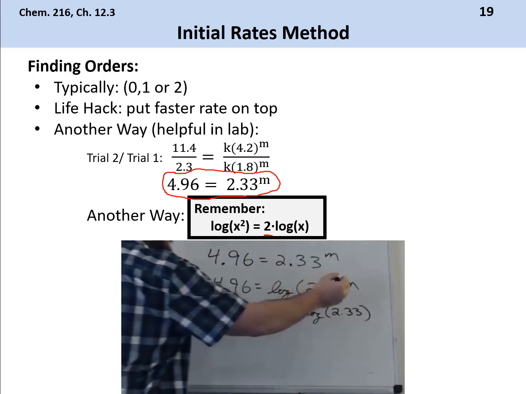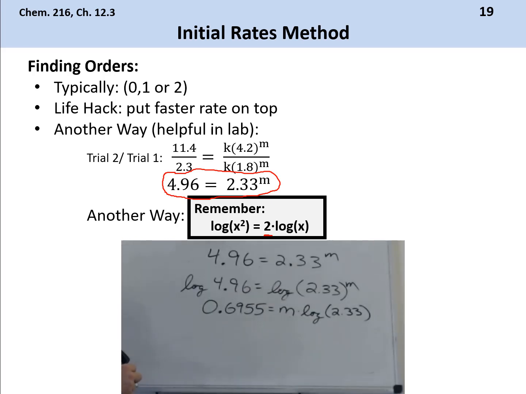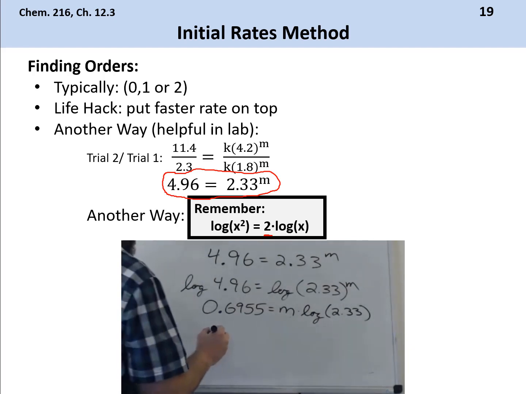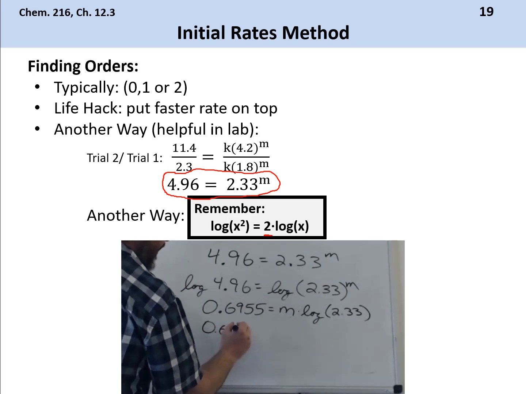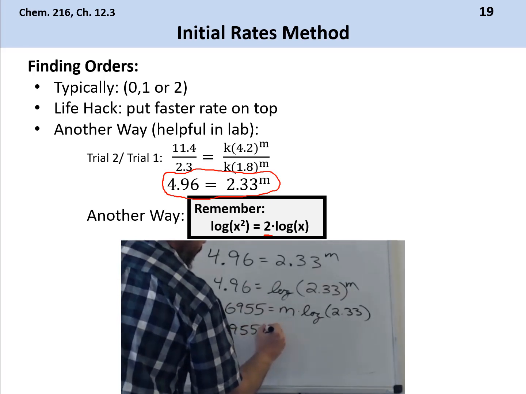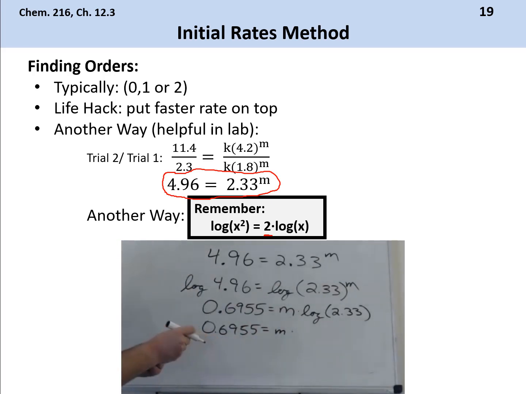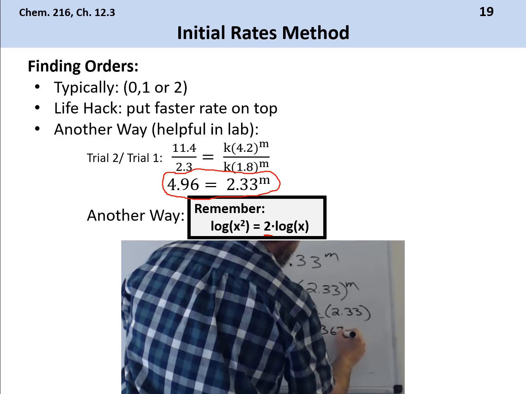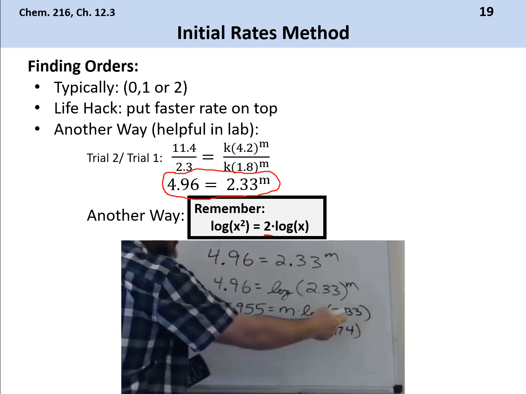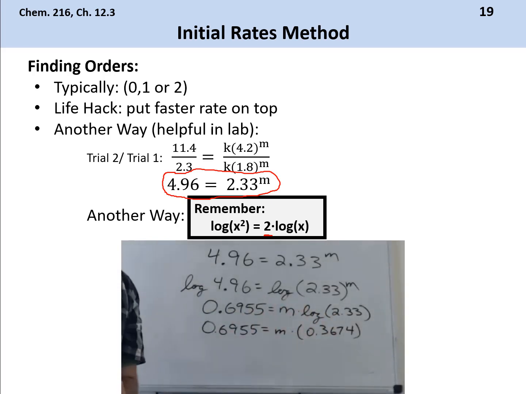Okay? I can move this m out to the front. Now, when I do that, I can now say 0.6955 equals m times 0.3674, right? I took 2.33, I found the log of that.